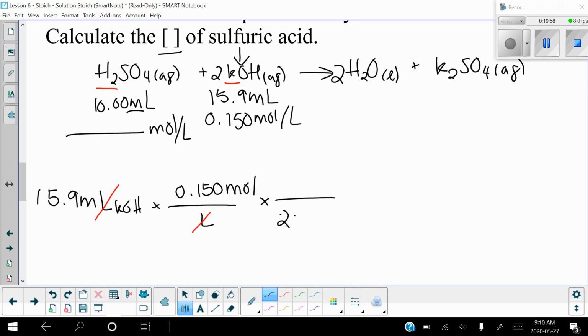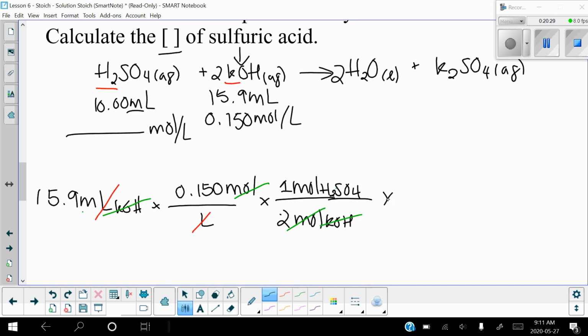I'm going to divide by 2 moles of potassium hydroxide and multiply by 1 mole of sulfuric acid. From here, I am going to be able to cancel out moles and moles of potassium hydroxide. That leaves me with millimoles of my sulfuric acid.